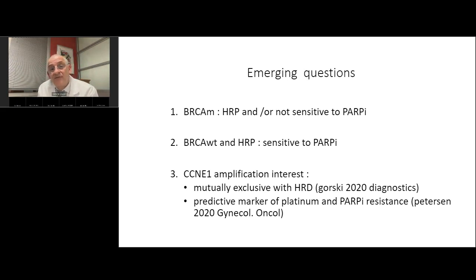You have no HRD, you have a wild type BRCA status, but maybe there is still sensitivity to PARPi, and we need to go further to find a solution to be able to detect this kind of tumor. Also, we are wondering about CCNE1 amplification and the clinical potential interest of it.